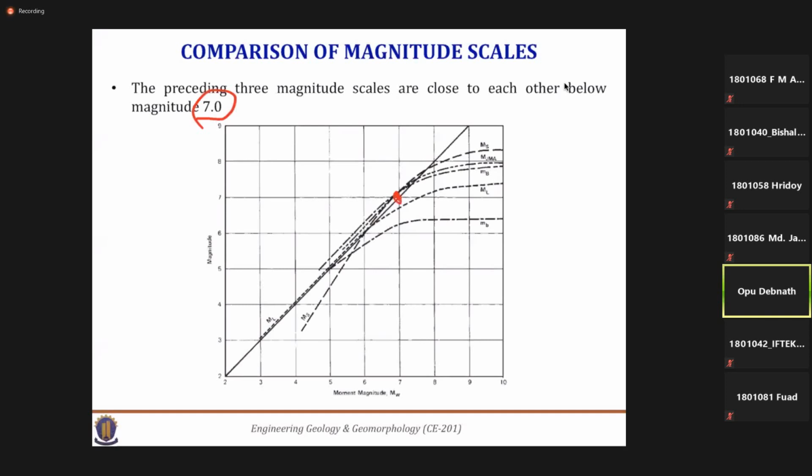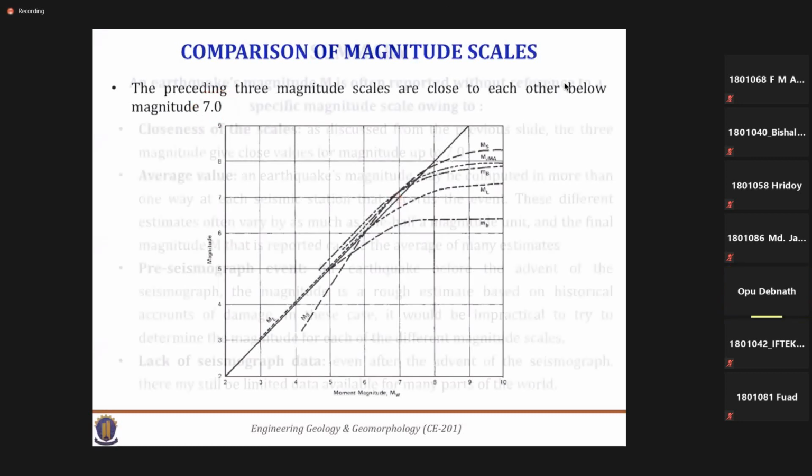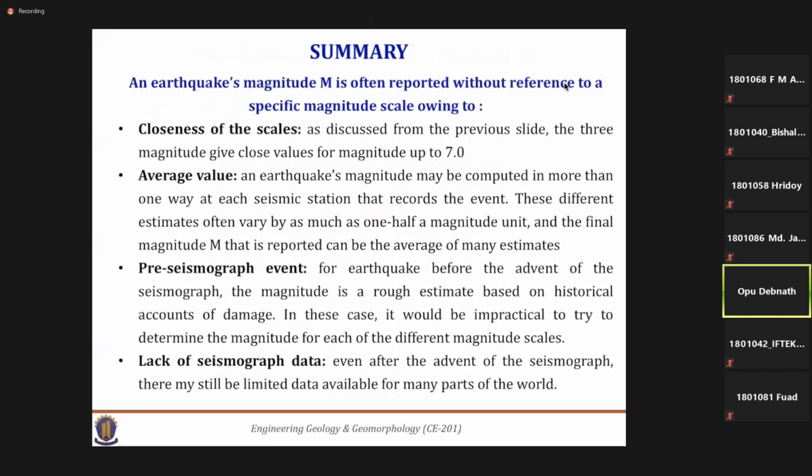That means the lines are very close to each other. So if we express an earthquake as 7, suppose 6.5 or 6.8, anything, the scale is not so important, because in either scale the variation is very low. That's why earthquake magnitudes are sometimes reported without referring to a specific magnitude scale.